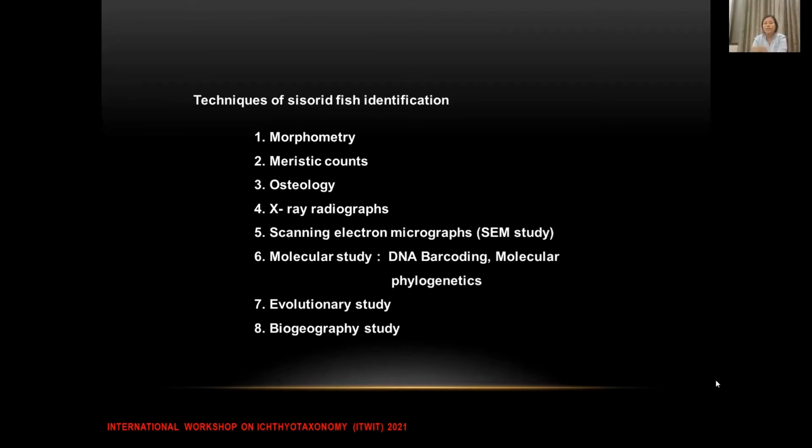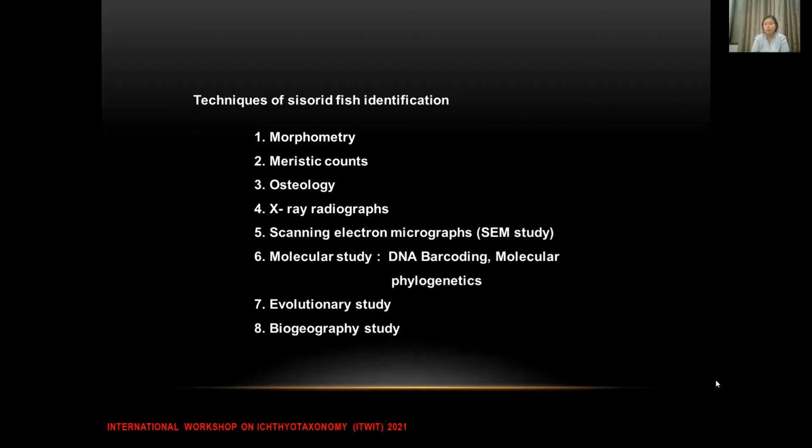And we can always integrate it with molecular work, which may be barcoding or molecular phylogenetics, then evolutionary study, then biogeography, and even the river basin aspect, which we can add. It will give a holistic and clearer picture. But it's not always possible to combine all this.